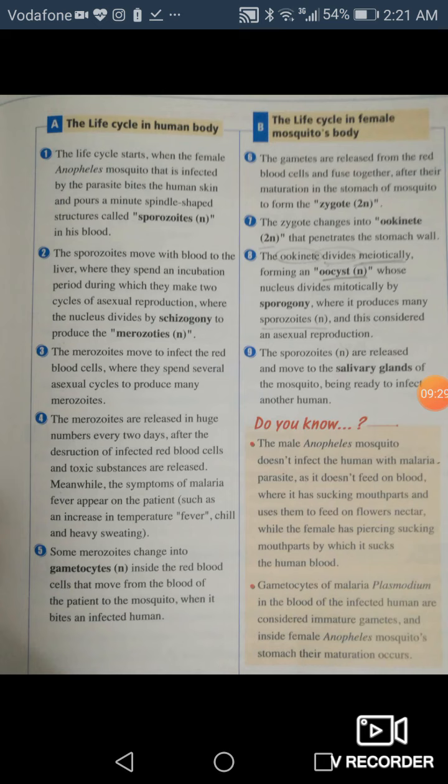Meanwhile, the symptoms of malaria appear on the patient. They didn't get the attention of the white blood cells, so they are alive. The symptoms include an increase in temperature, which is called fever, chill and heavy sweating, and all of these symptoms may lead to death, okay?